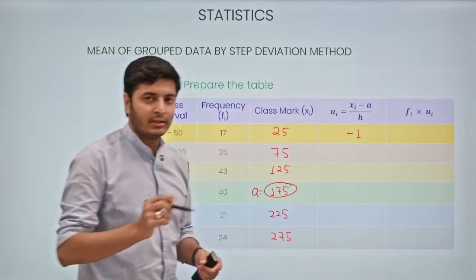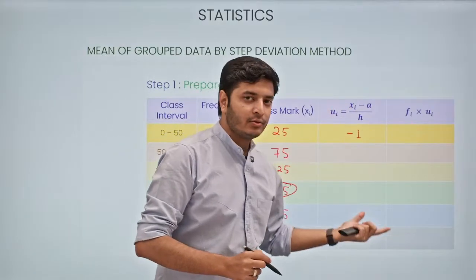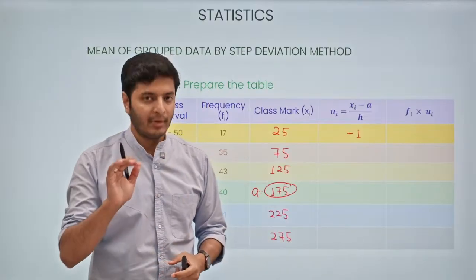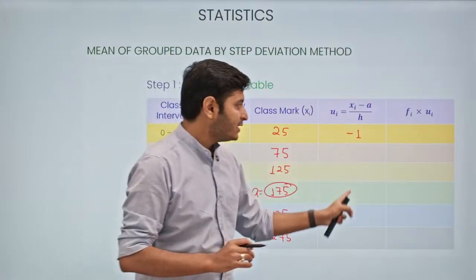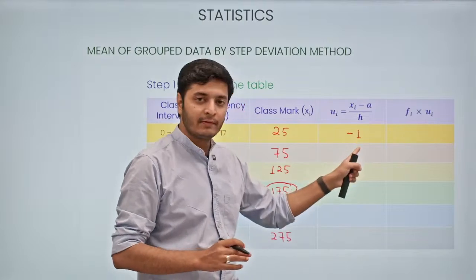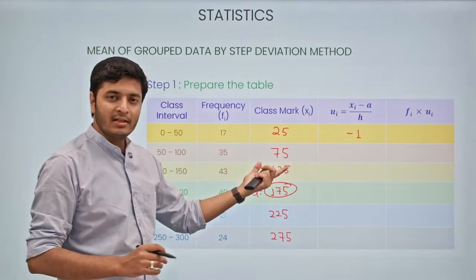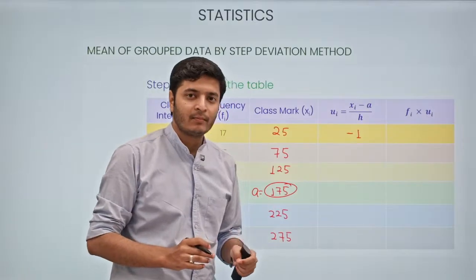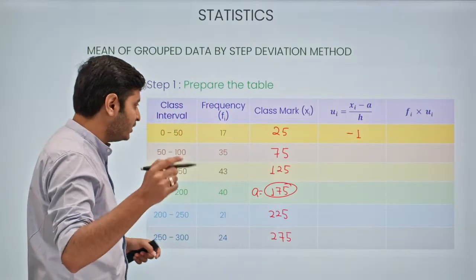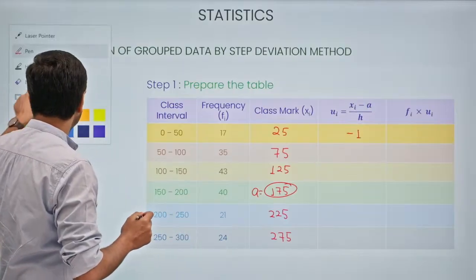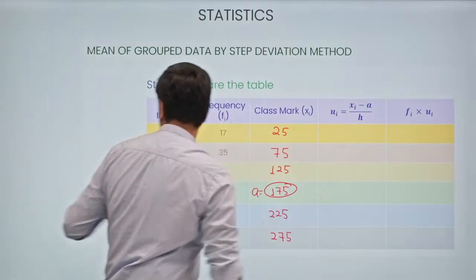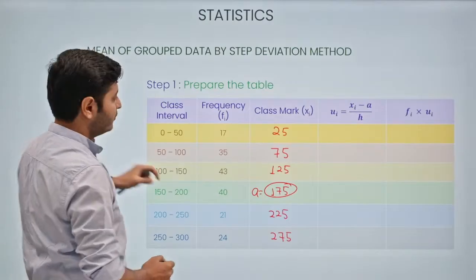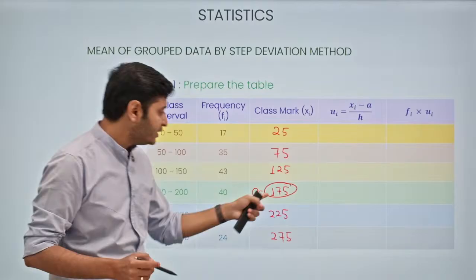Now let me ask you one thing. Suppose we were using the assumed mean method, then we would be calculating the di value, that is xi minus A, correct? Oh, I did make a mistake here. I did assume the value to be 175, not 75.